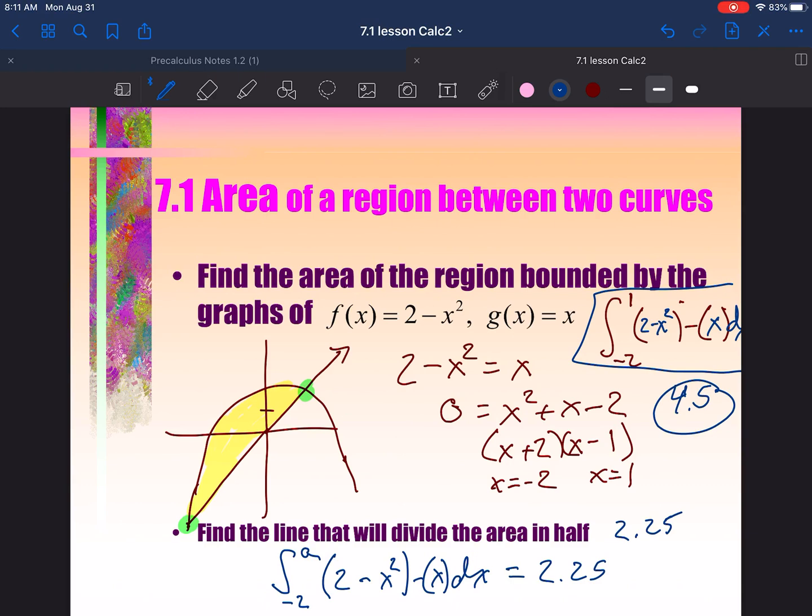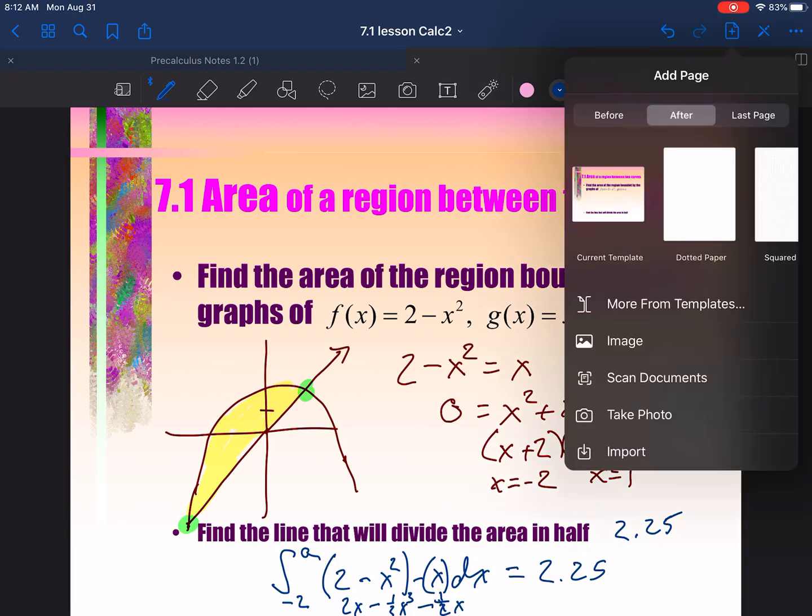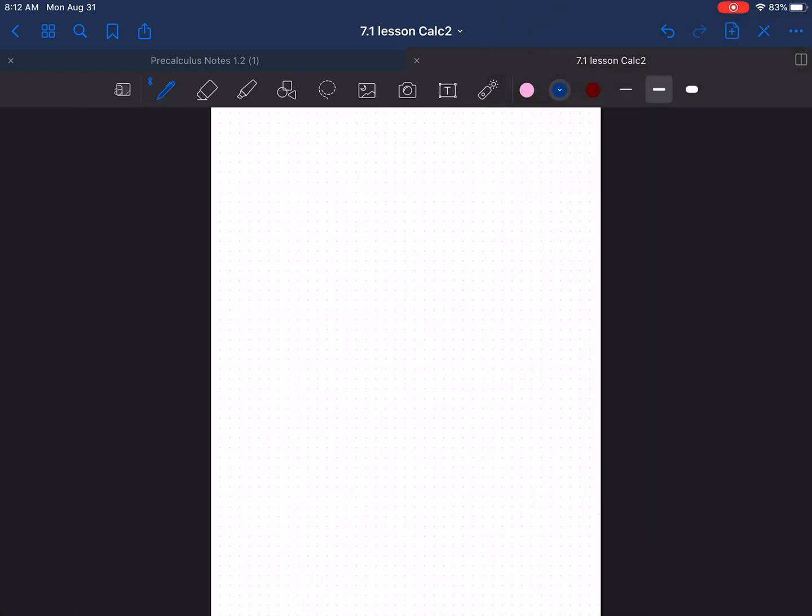Now, when you go to do your integration, you're going to integrate just like before. So 2 becomes 2x. Minus x squared becomes minus 1/3 x cubed, and minus 1/2 x squared. Sorry, I'm out of room. And then you plug in your a and your b. Let's get a new page in here.